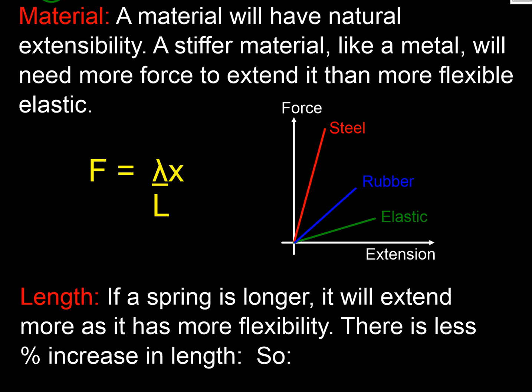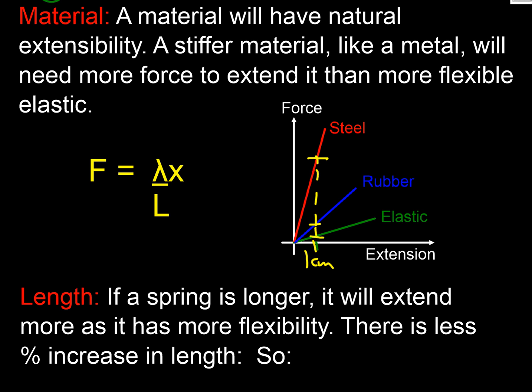So, first thing is material. If I take a piece of material and I extend it by 1 centimetre, if my spring was made of steel, it would take a lot of force to extend it by 1 centimetre. If it was made of rubber, it would take a lot less, and if it was an elastic band, it would be much less.